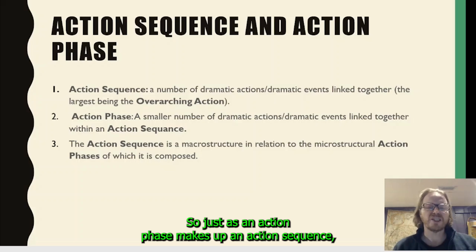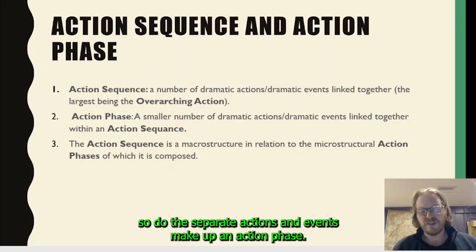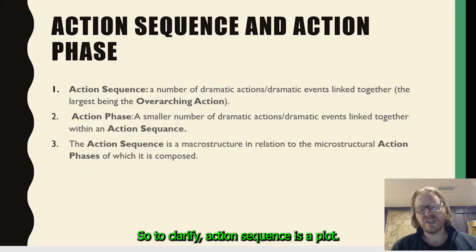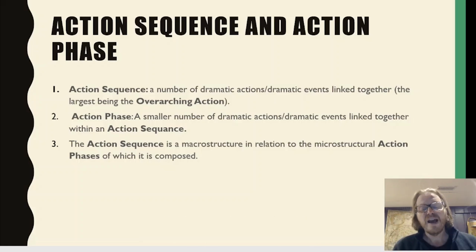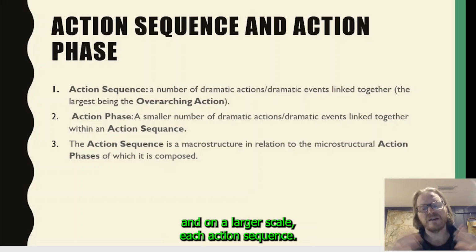So just as an action phase makes up an action sequence, so do separate actions and events make up an action phase. So to clarify, action sequence is a plot, action phase is a series of actions within a plot, but not the whole plot, and then actions and events make up each action phase, and on a larger scale, each action sequence.